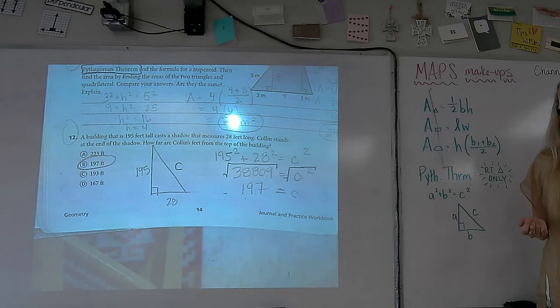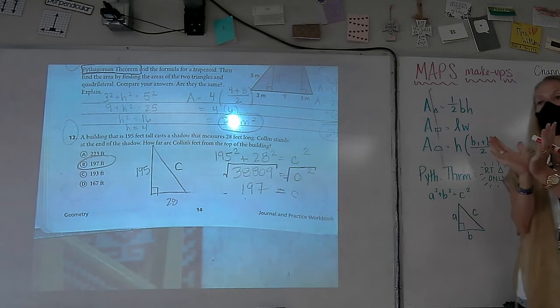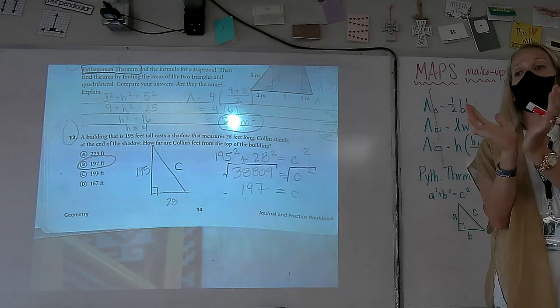Is a right triangle a polygon? 100%. Made of 3 segments, has 3 vertices, 3 angles, it's closed. Yes. Okay. So when it deals with only right triangles, the right angle is the focal point. And so the relationship tells us we have 2 legs, A and B, that make the right angle.